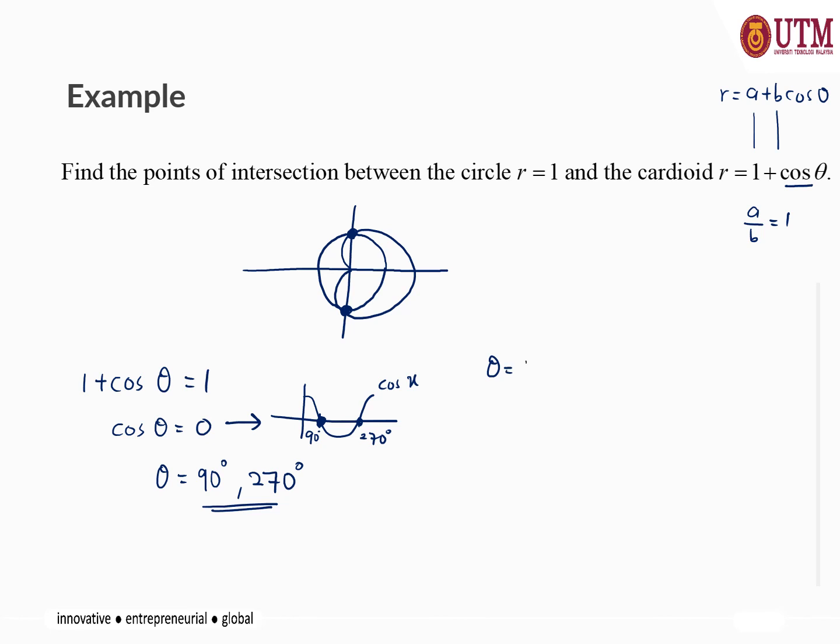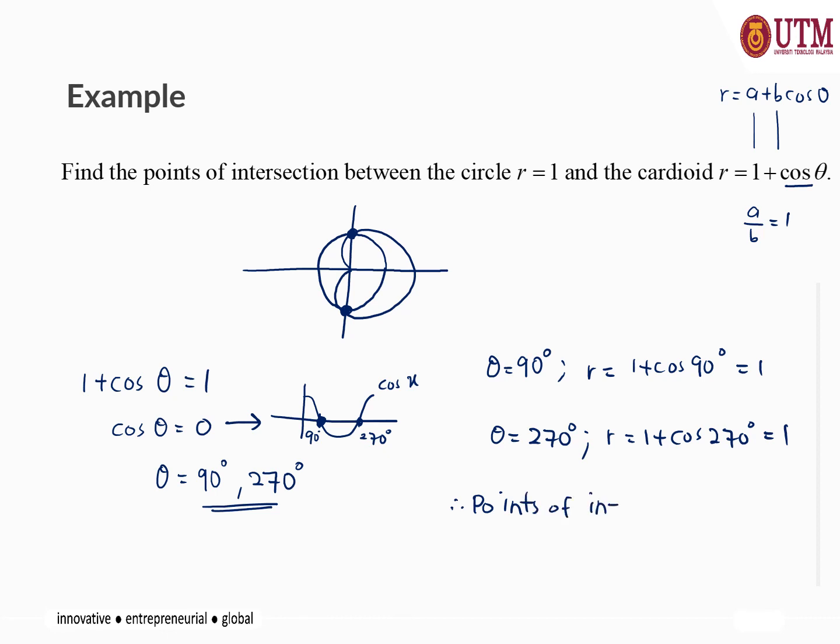So for theta equals 90, r would be 1 plus cos 90, which is 0, so r equals 1. Same goes when theta is 270, r would be 1. Okay, so the points of intersection between these two shapes would be (1, 90 degrees) and (1, 270 degrees).